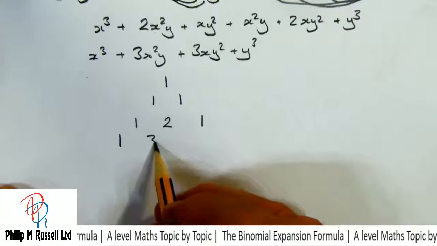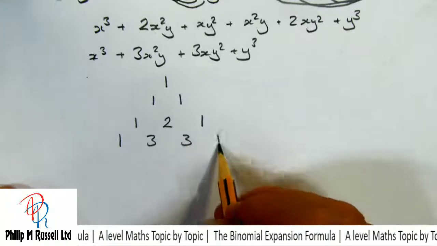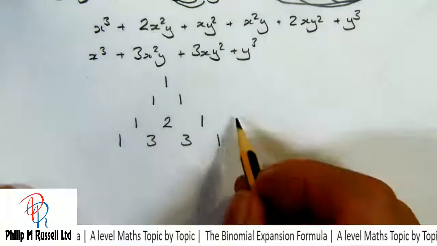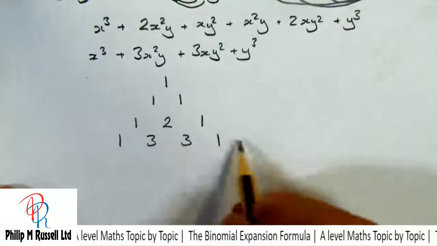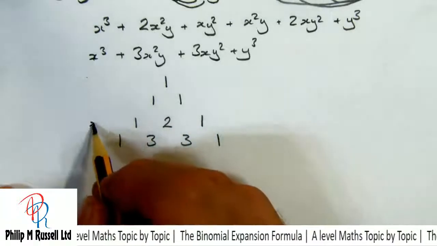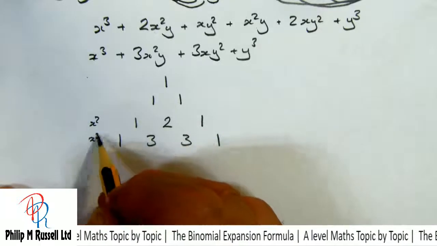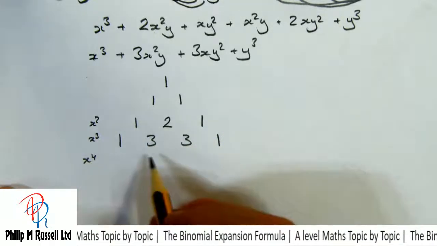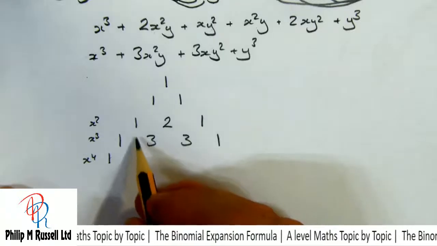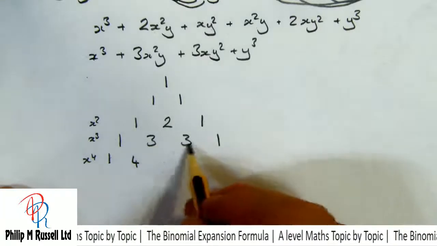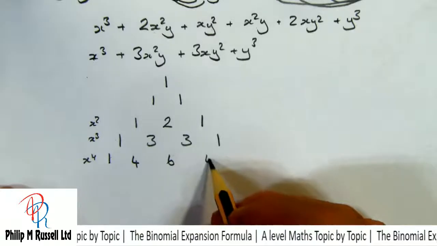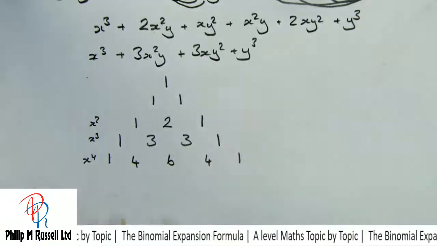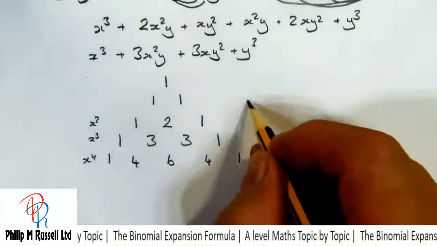So this is our second order, this is our third, so this is our x squared, this is our x cubed. If I was to do my x to the 4, then this is 1, 1 and 3 make 4, 3 and 3 make 6, 4 and 1. And this is Pascal's triangle.